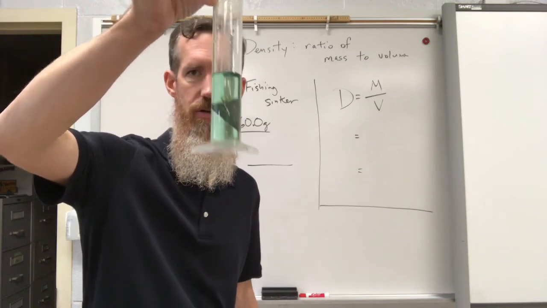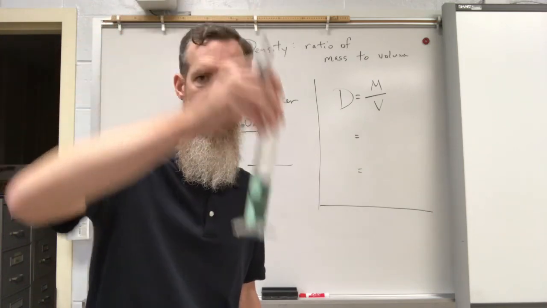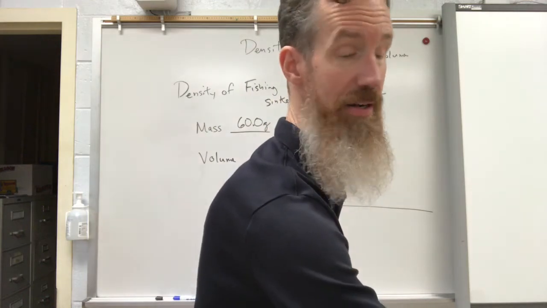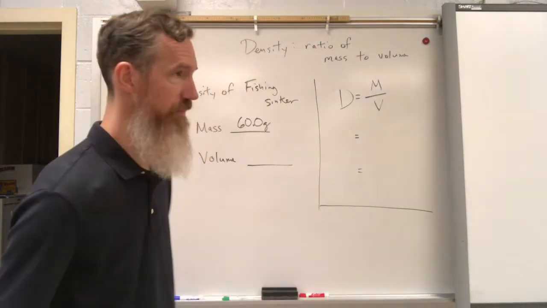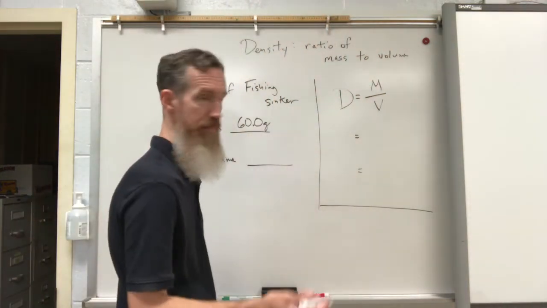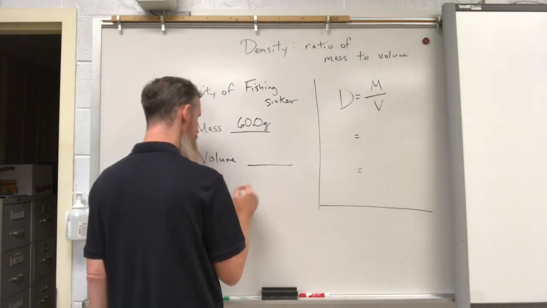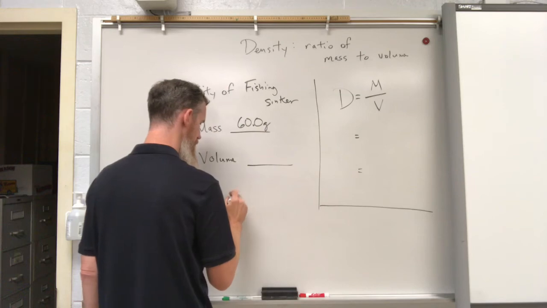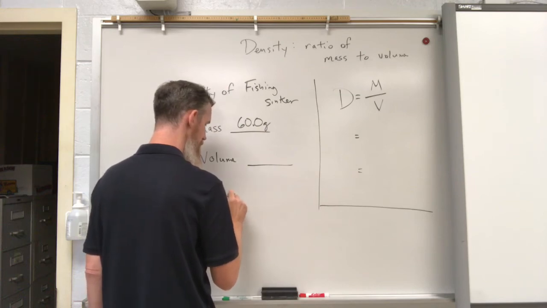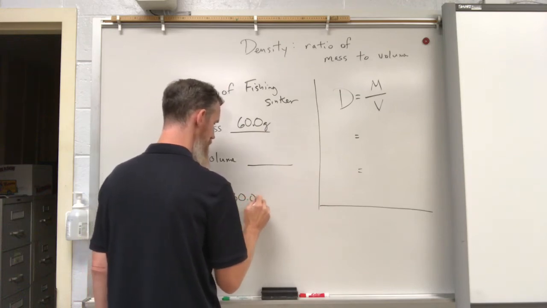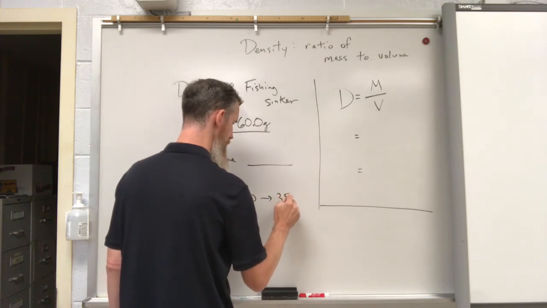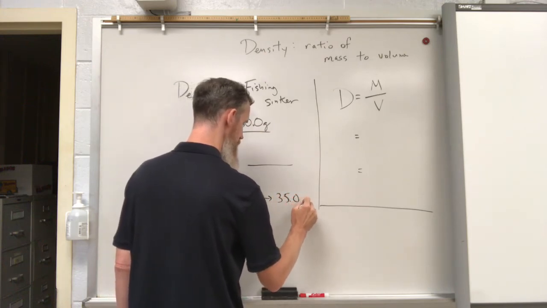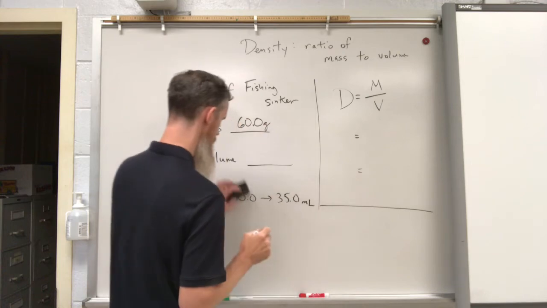It rose to about 35. Now again, I could be a little more accurate, but this is a rough estimation. It's just an example. So the volume is, we went from 30 and we went to 35 milliliters.